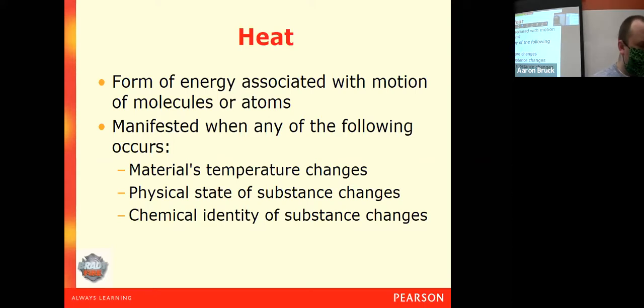So heat energy is generally associated with any one of these three processes: a change in temperature, a change in phase, so solid to liquid, liquid to gas, gas to solid, whatever the case may be, or a change in chemical identity, meaning we've got some kind of chemical reaction that's occurring, and as that chemical reaction is occurring, heat is being transferred one way or the other.